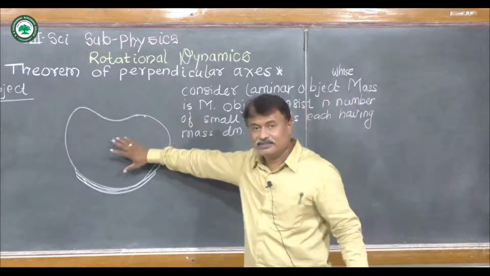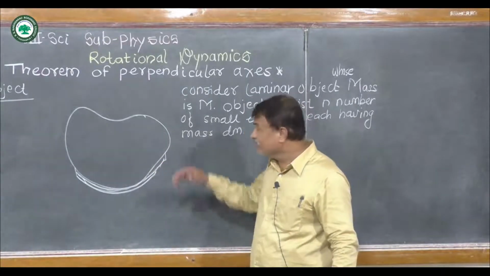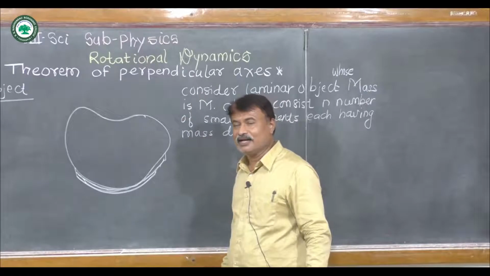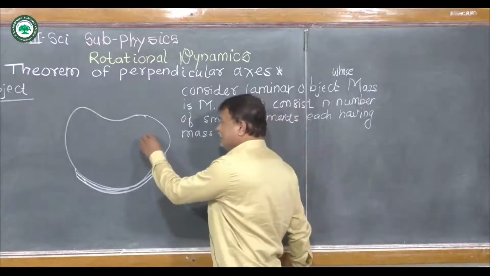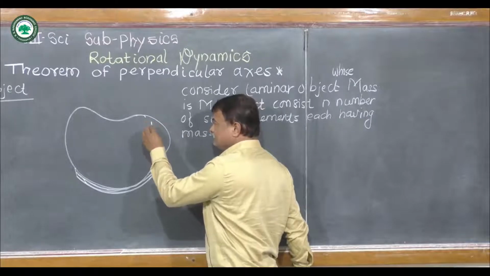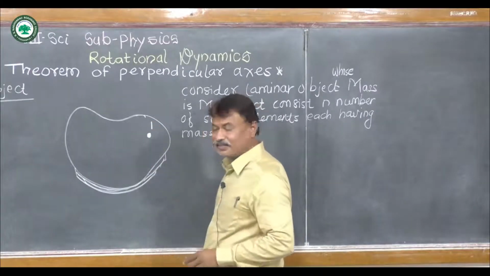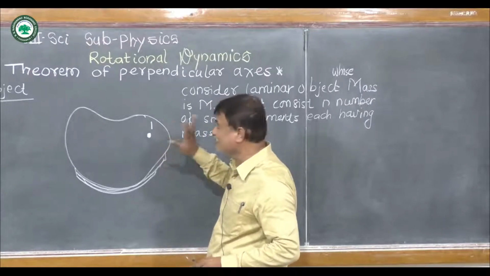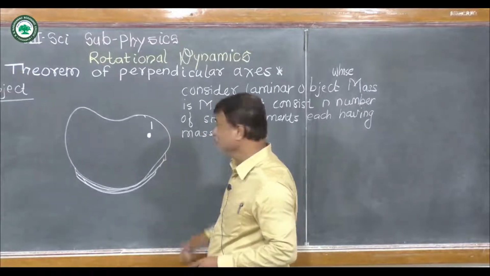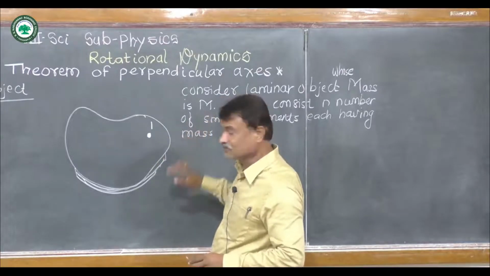All small elements have the same mass. If you consider this point, at that point there is a small element, its mass is dm. Now the total mass of the object is capital M.